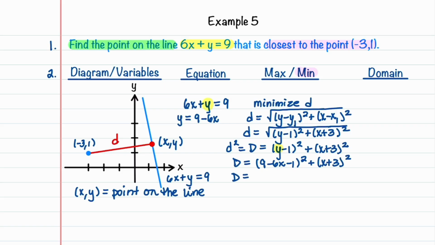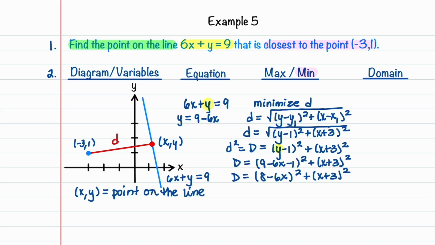This gives us 9 minus 1 is 8, so we have (8 minus 6x) squared plus (x plus 3) squared. The other piece of information that we need to fill in for this problem is the domain, but I'm going to hold off doing that until after we complete step 3.